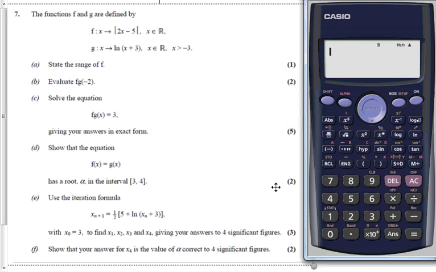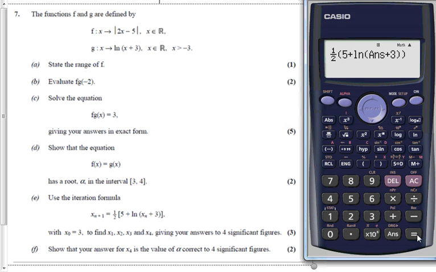And now to find x1, I write down exactly as I see it: a half times 5 plus natural log of xn, which is my answer button, plus 3, close brackets. And now each subsequent press of the equal button will give me the next iteration.